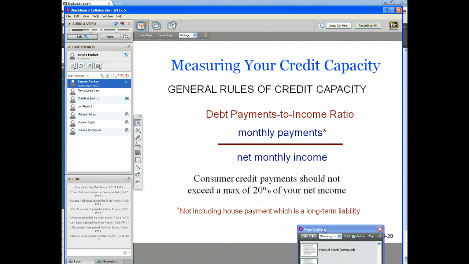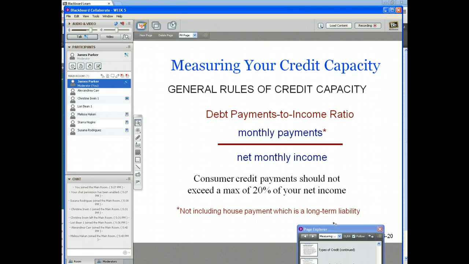Measuring your credit capacity, so debt to income ratio. You take your monthly payments divided by your net monthly income. And what they're saying is, 20% is what you want your consumer credit to be. The house payment's not part of that, but the car payment is.